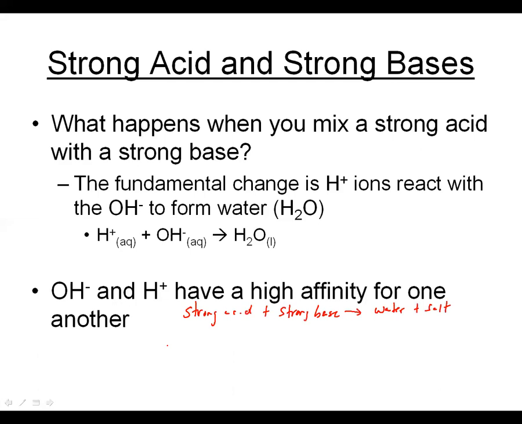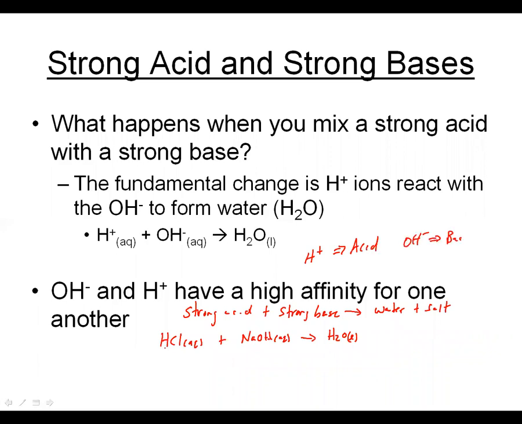And basically, if you take hydrochloric acid, that's a strong acid, plus sodium hydroxide, which is a strong base, we will make water, which is H2O. And really the water comes from the H plus from the acid and the OH minus from the base.